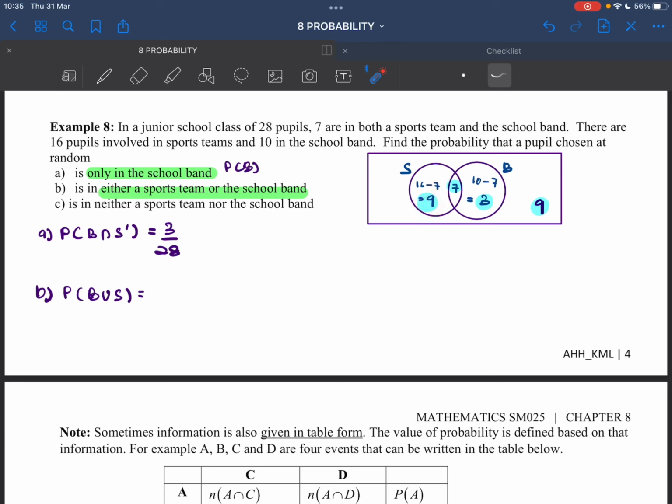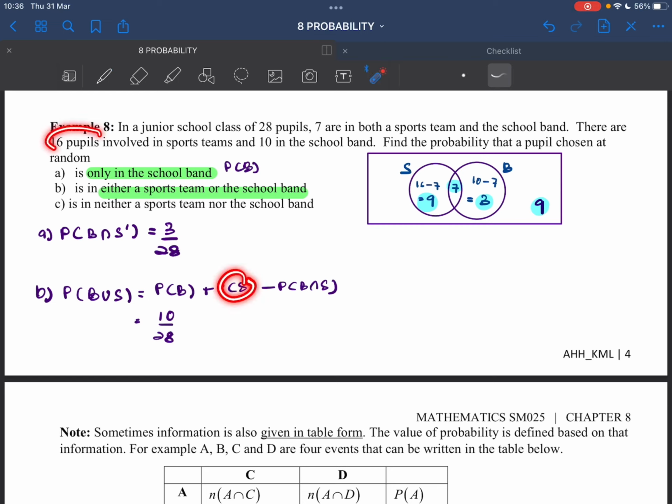Okay, 9 plus 7 plus 3, so that will be 19 over 28. Very simple if you have the Venn diagram. If you don't draw your Venn diagram, you can just use your formula. P(B) plus P(S) minus P(B intersect S). So P(B), you know that from the question here, we have B is 10, so that will be 10 over 28.